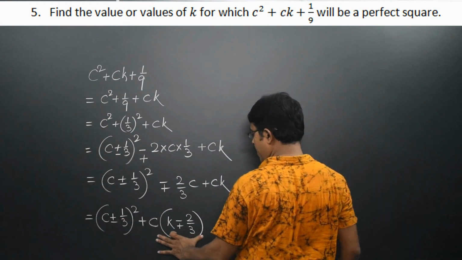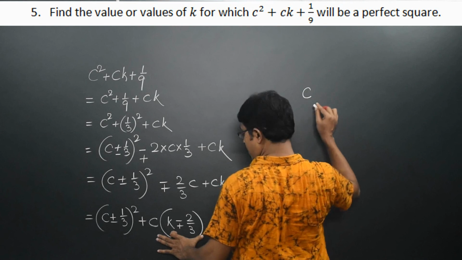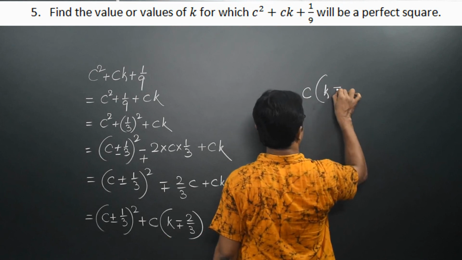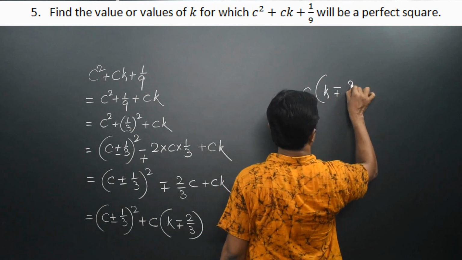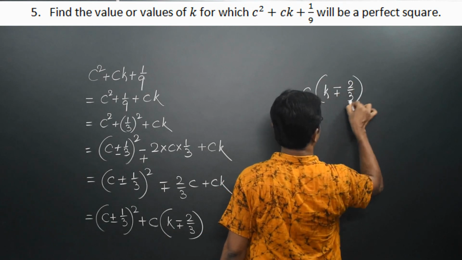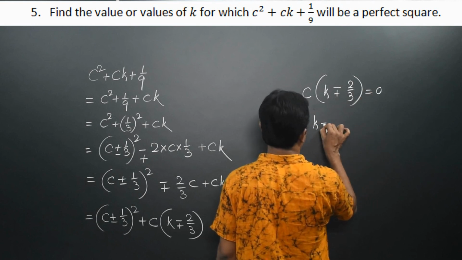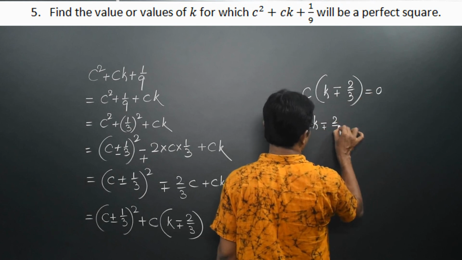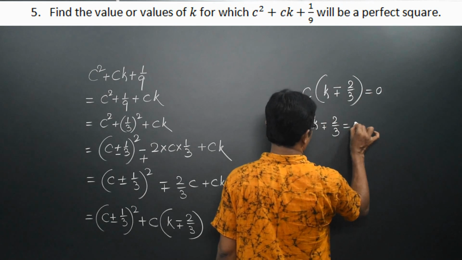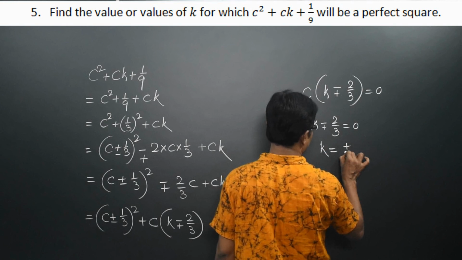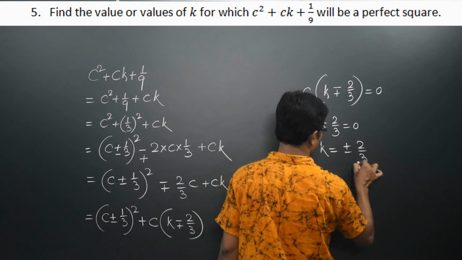So taking c into k minus plus 2 by 3 equal to 0, k minus plus 2 by 3 is equal to 0. That is k equal to plus minus 2 by 3.